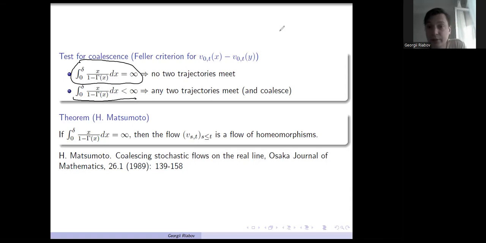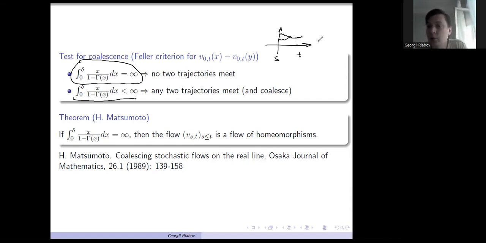So we get something like this. Let's say this is time s, time t. We have one trajectory in the flow. We have another. They meet, and then continue their motion. In particular, we don't get a flow of homeomorphisms.